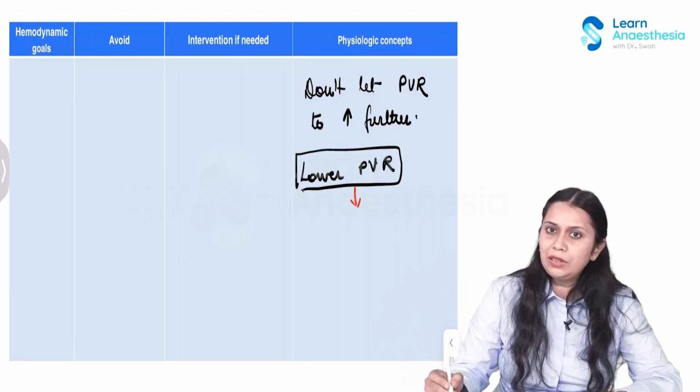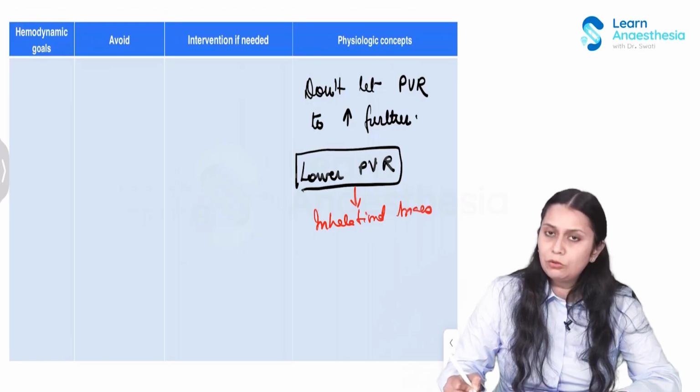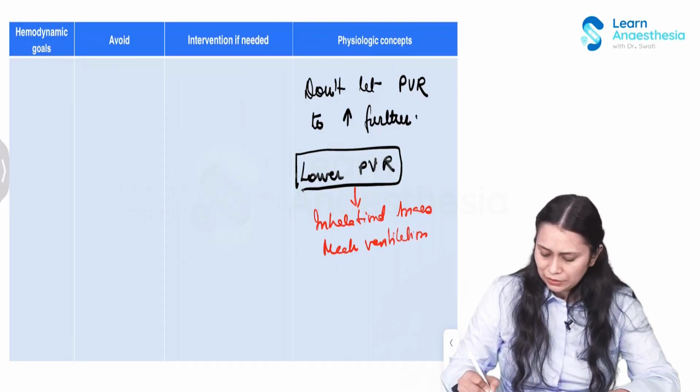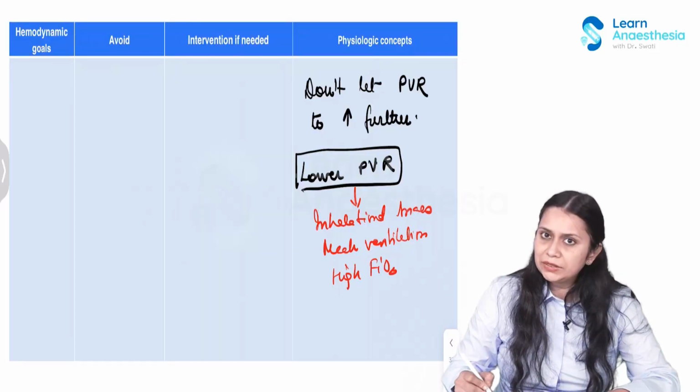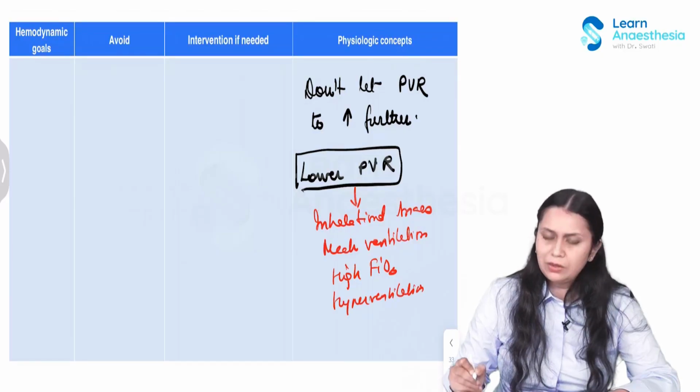Inhalational anesthetic agents can lower it. Mechanical ventilation can lower it. High FiO2 can lower it, and low PaCO2. Hyperventilation can lower the pulmonary vascular resistance.